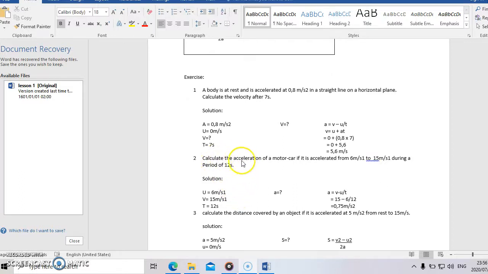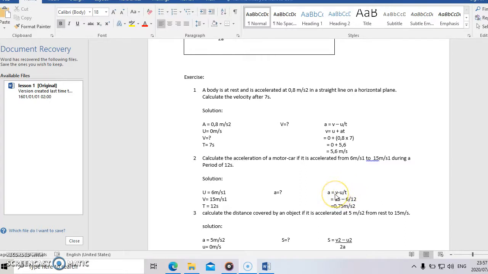So calculate the acceleration of a motor car. They give you the initial velocity, which is 6, the final velocity, which is 15, and the time. Now they're asking to calculate what? Acceleration. We know the formula: acceleration is equal to final velocity minus initial velocity all over time.